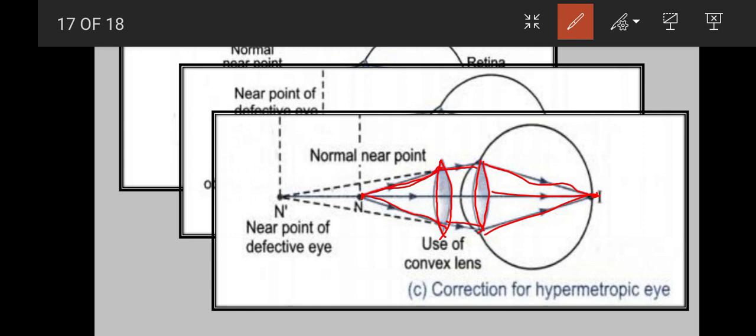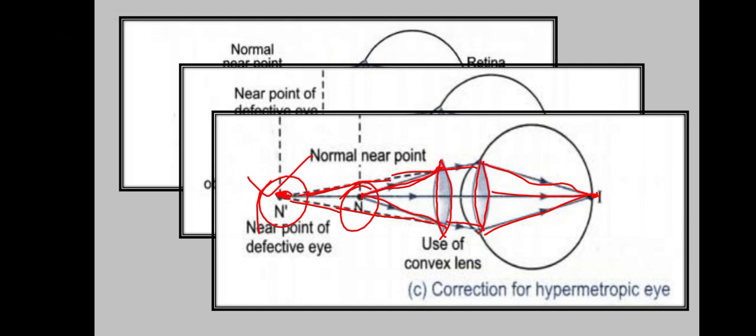If we extend these light rays backward, you can see that the object will appear to be here for the hypermetropic eye, because the near point for the hypermetropic eye is changed. So the object appears to be here in place of the actual near point. So that was all about defects of vision and their corrections.